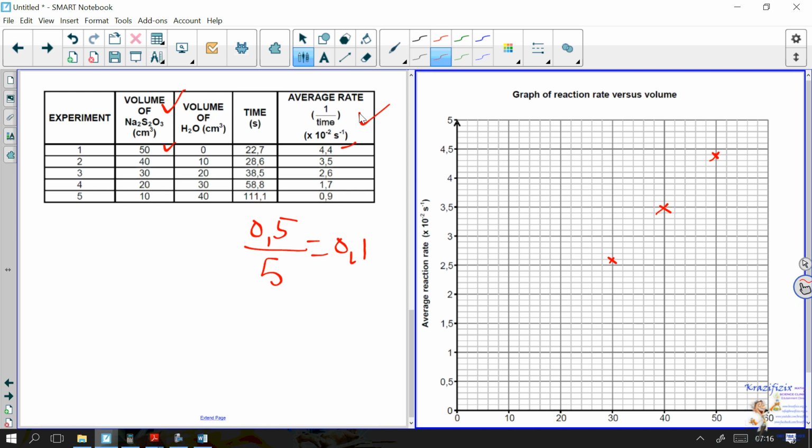It's 1,5, 1,6, 1,7, 1,7 for 20 there. And the last one, 10 and 0,9. 0,9 is just before 1. All right. And then you can now plot your graph, which is almost a straight line graph.